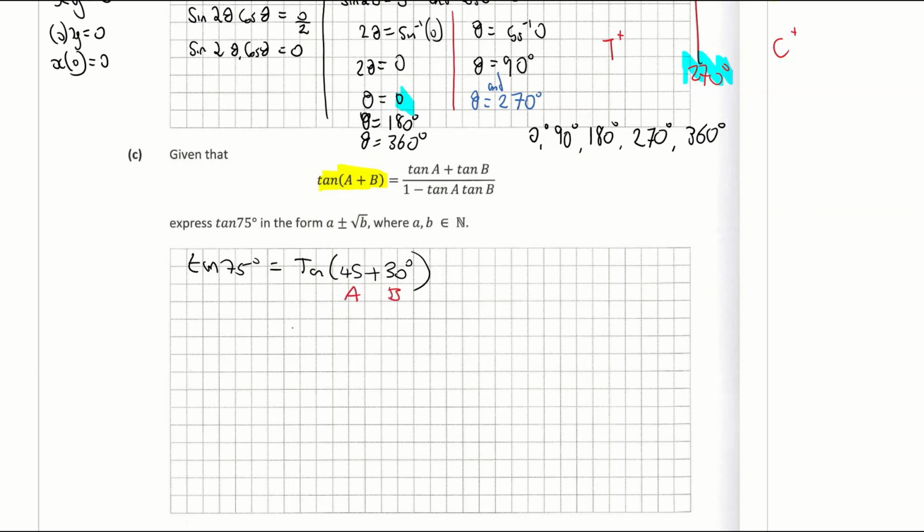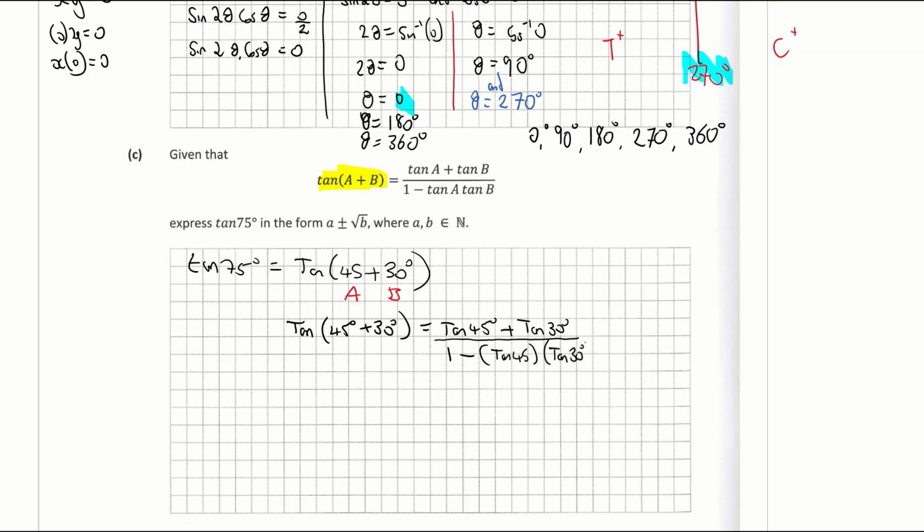So therefore, I now have tan of 45 degrees plus 30 degrees is equal to tan A, which is tan of 45, again coming from the formula, plus tan of 30 degrees, all over 1 minus tan A, so I'm just putting them in brackets here because they're being multiplied, and tan B, which is tan of 30 degrees.